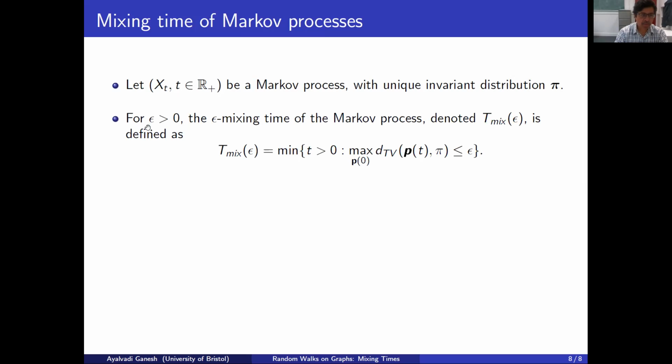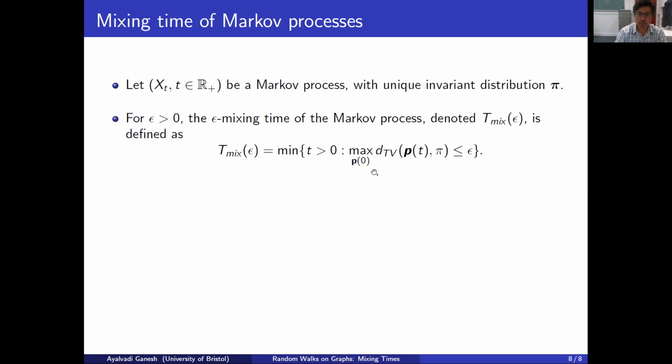Then if we fix an epsilon positive, we define the epsilon mixing time of the Markov process, which we denote this way, as the smallest time for which the total variation distance between the distribution of the Markov process at time t and the invariant distribution is smaller than epsilon.